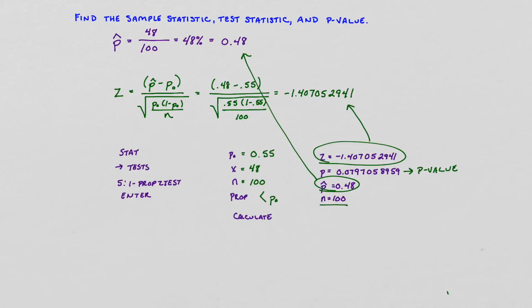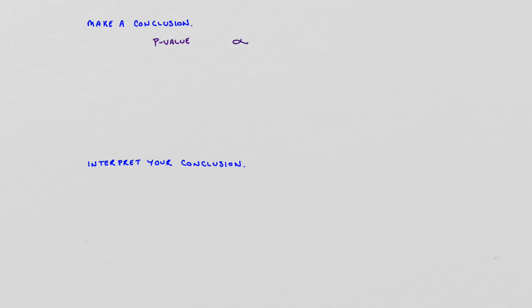So now we're ready to make a conclusion. In order to make the conclusion, we need our p-value and we need our level of significance, or in other words, our alpha. So we're going to compare these two. We said that our p-value was 0.07970589959, and we said that our level of significance was 0.05.